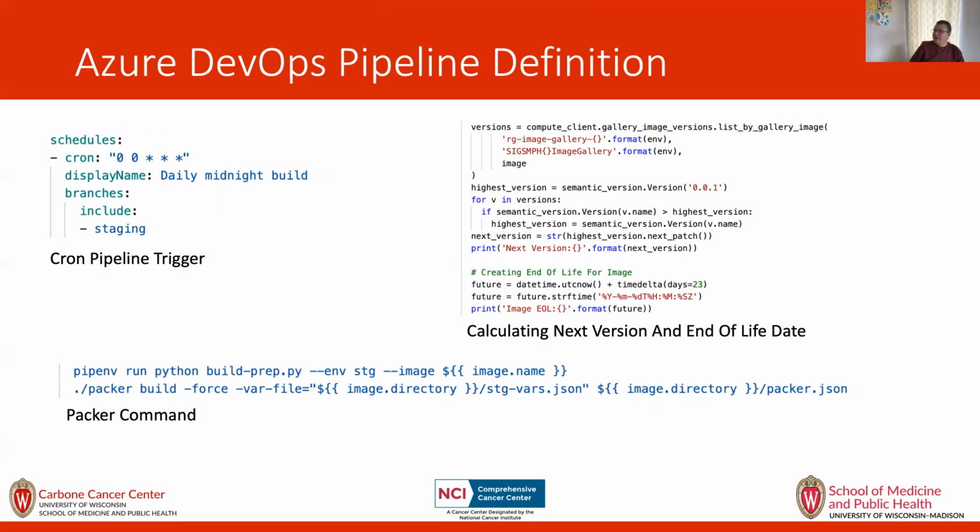I also added a bit of Python to automatically detect what the next newest version of the image should be, and also to create an end of life for these images, so that they don't get inadvertently used and we exceed our SLA for patching. And at the bottom, we have our packer command that we run. Again, a fairly straightforward packer build command, which points at the packer file for each of the images that we build.